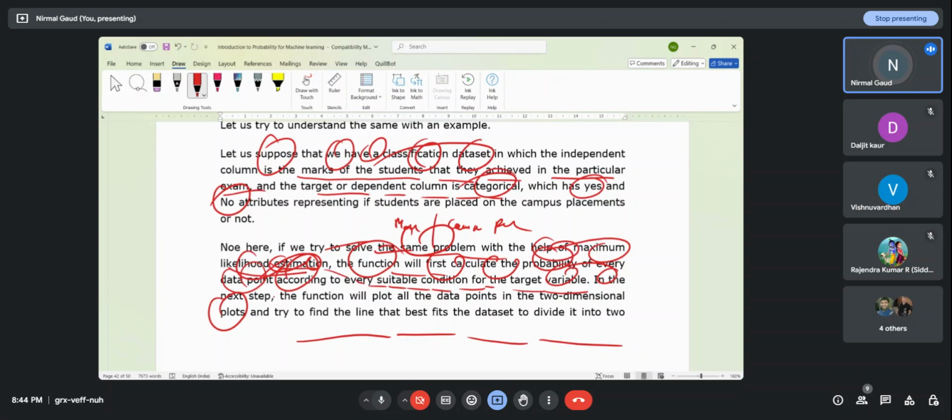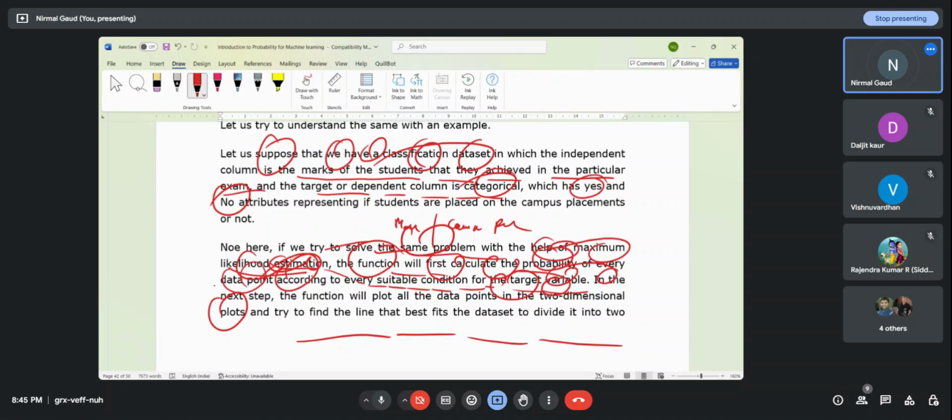What kind of probability will it calculate? The probability of whether this point belongs to yes or no, according to the target variable. The target is yes or no. You have to calculate the probability that this point belongs to yes or no.